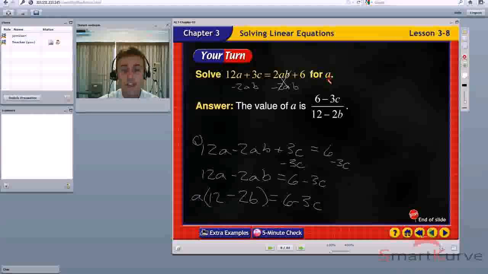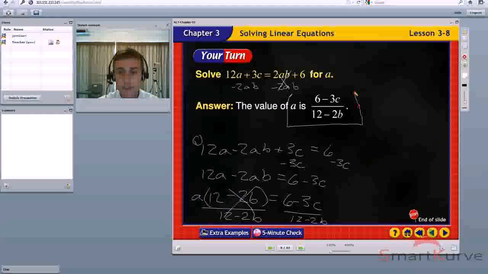The equation said find a. So now we just want a to be on its own. So we divide each side by 12 minus 2b. That cancels out, leaving us with a equals 6 minus 3c divided by 12 minus 2b.